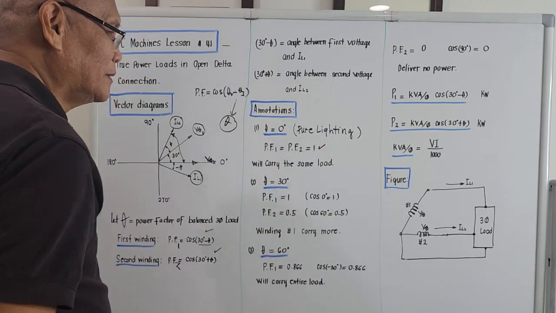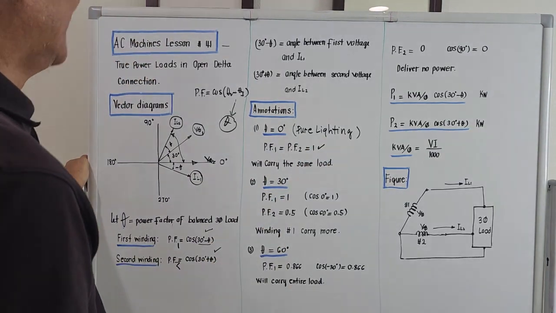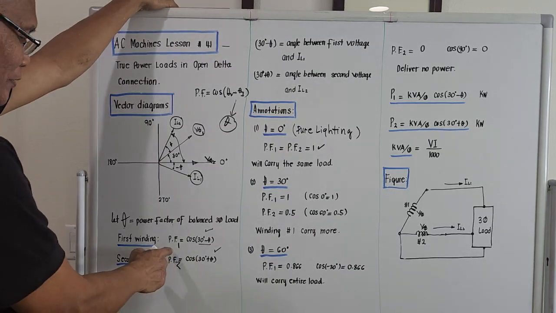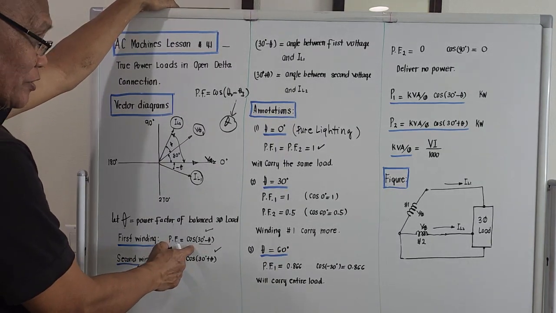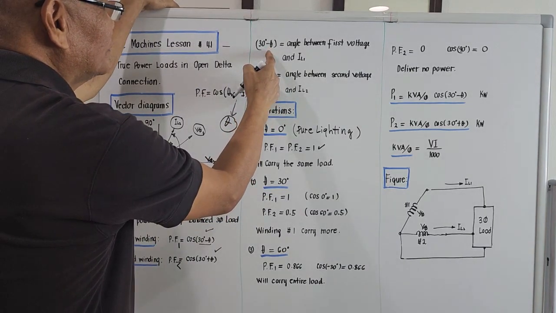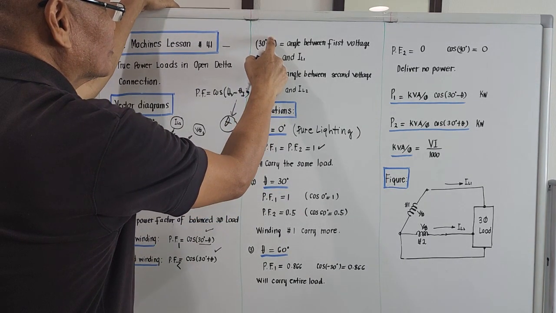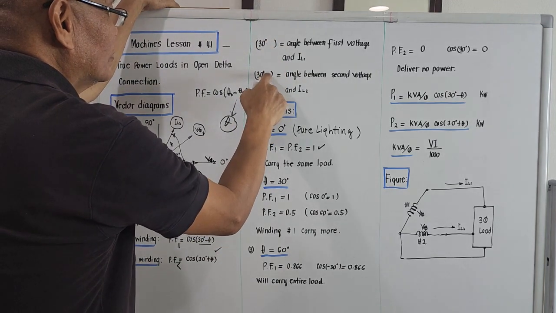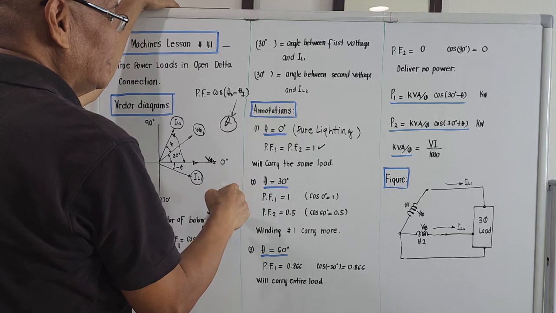Power factor number 1 is actually the cosine of 30 degrees minus theta, right? So when theta is 0, this will be 0.